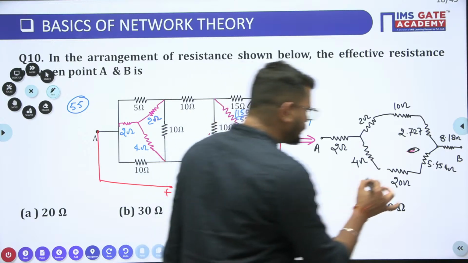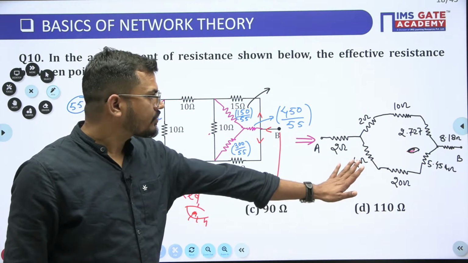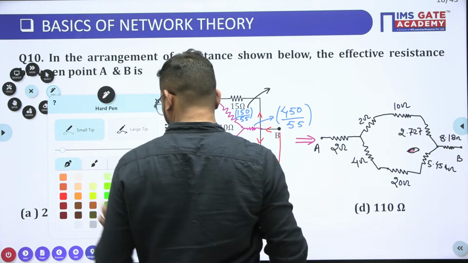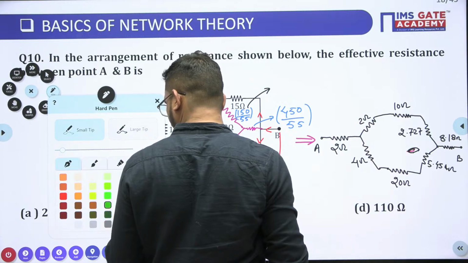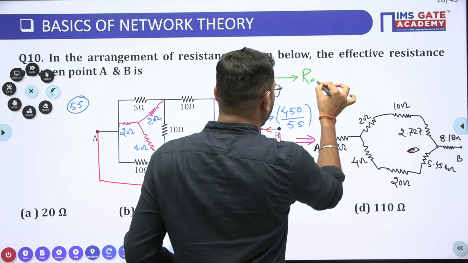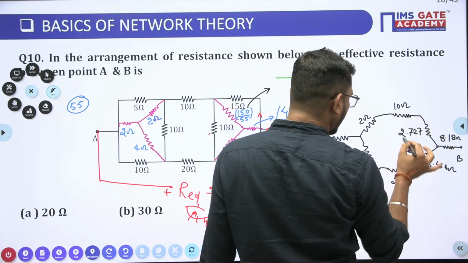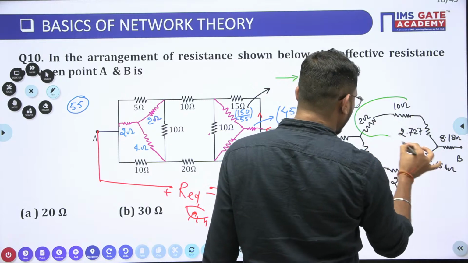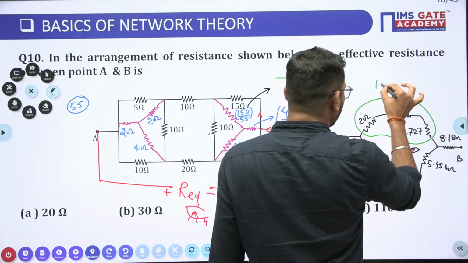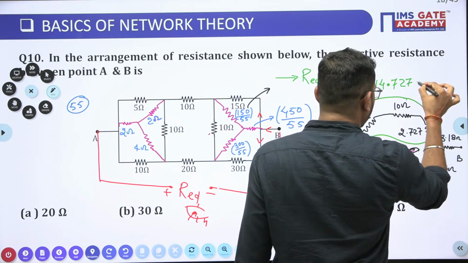So now is it easy? Just tell me the R equivalent value, guys. Here I am writing the value of R equivalent. So this is 2 plus 10, which is 12, plus 2, so this is 14.727 ohm.